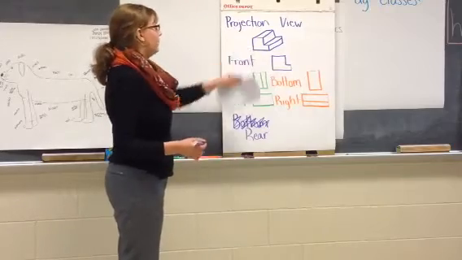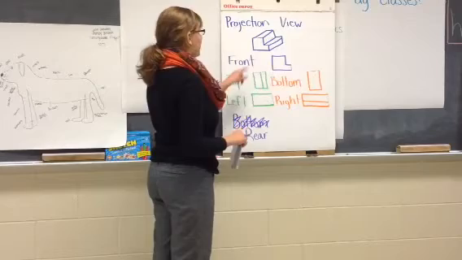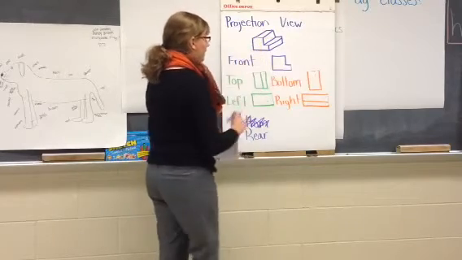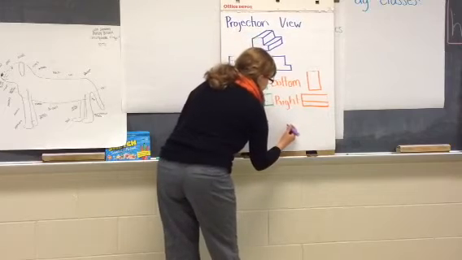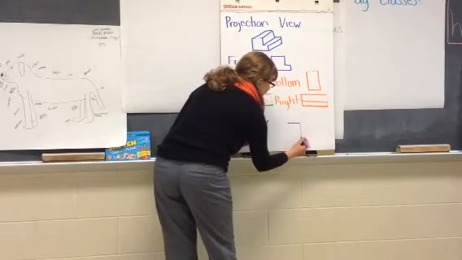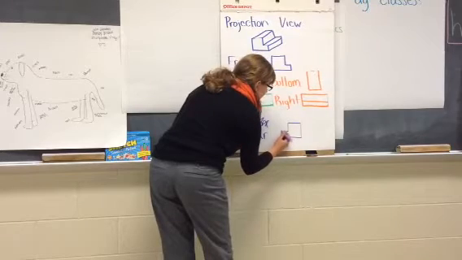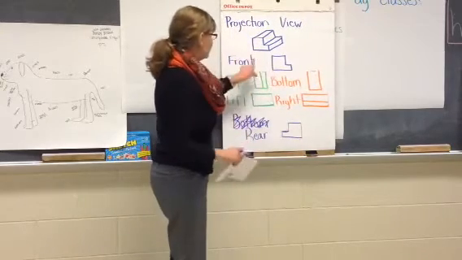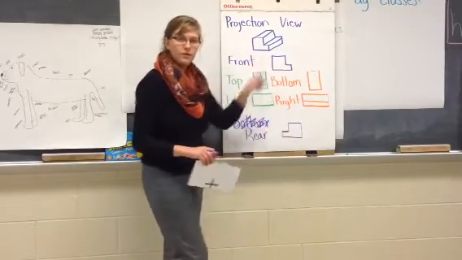So if we have the front, we have the back, and if we just turn it, it's going to be a mirror of that. So if we have, let's make that one a little darker, you turn it and you look at that back view, you can see how these two, the front and the rear, are just mirrored of each other.